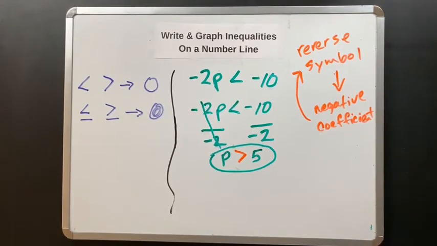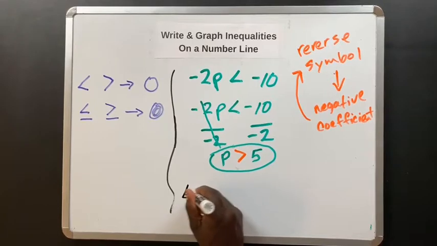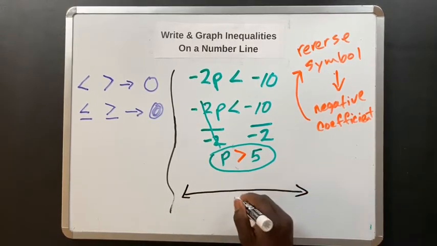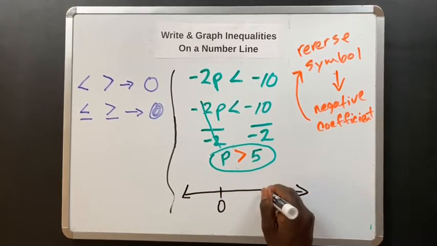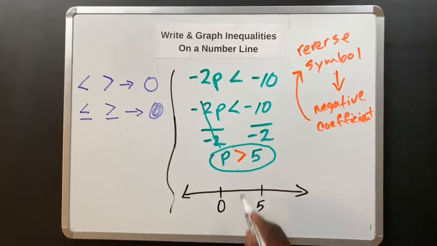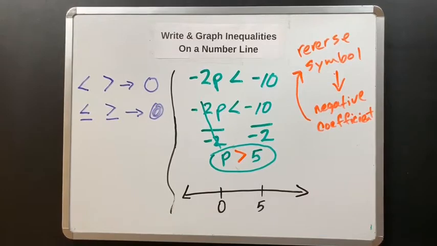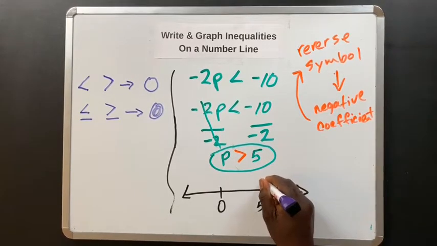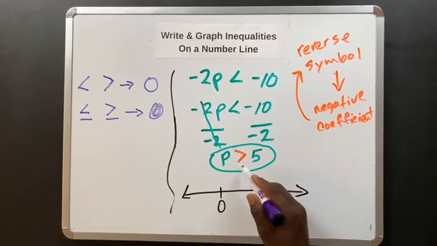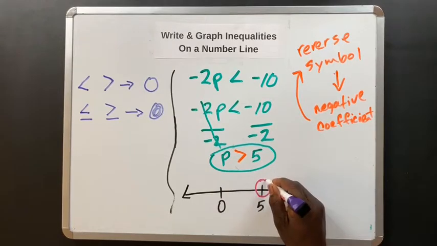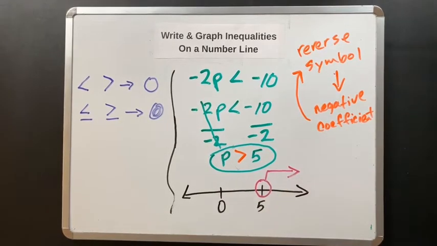Let's go ahead and graph this inequality where we have 0, 5, and according to this symbol, we're going to use an open circle. All values of p greater than 5 would go in this direction. That's the graph.